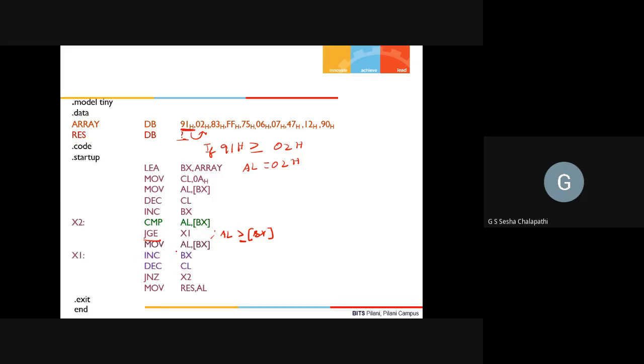However, if it is not greater than or equal to, that means this particular number is the greater number, then I move that into AL, so that AL will have the greatest number among them.